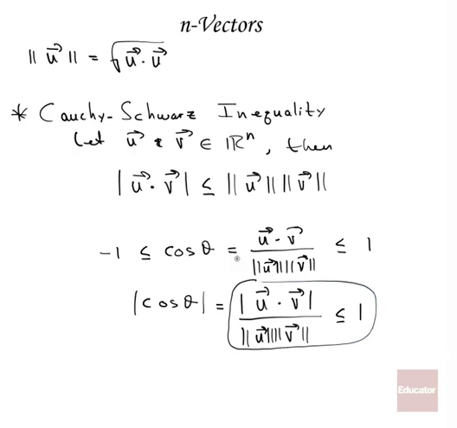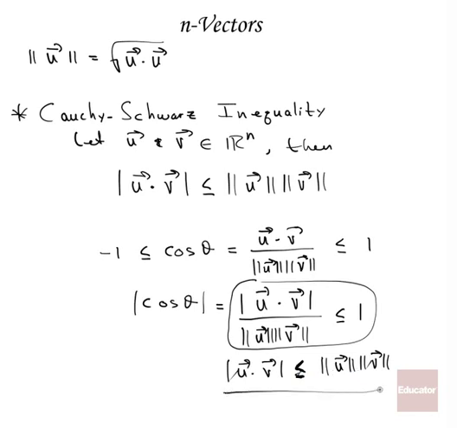So now I have this thing. I started with that definition. I know the cosine theta is between negative 1 and positive 1, which means this value is between negative 1 and positive 1. Take the absolute value of the cosine so that I can eliminate this and just write it this way. Now just multiply through, and what you get is that the absolute value of the dot product of two vectors is less than or equal to the product of their magnitudes.